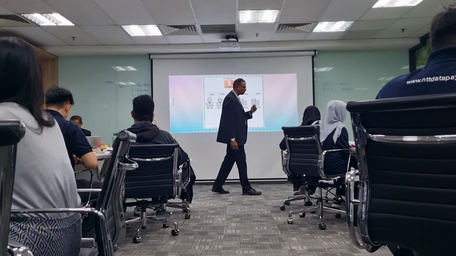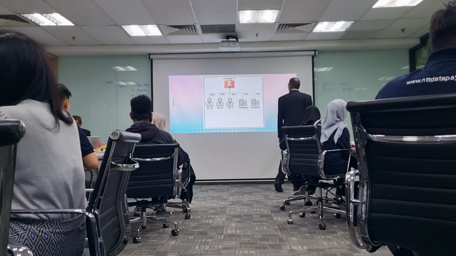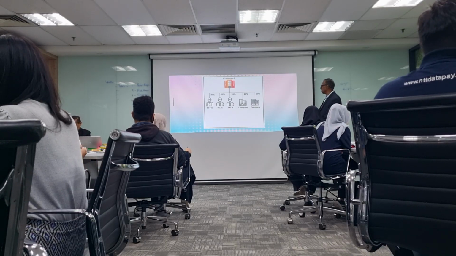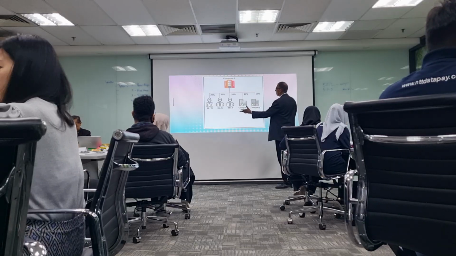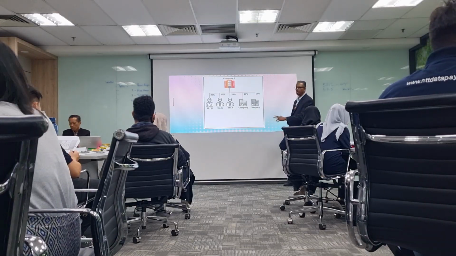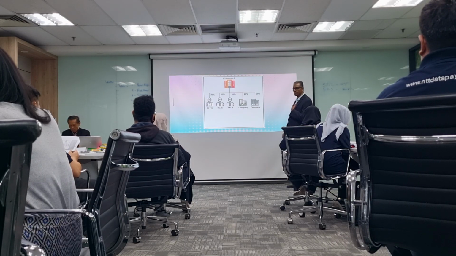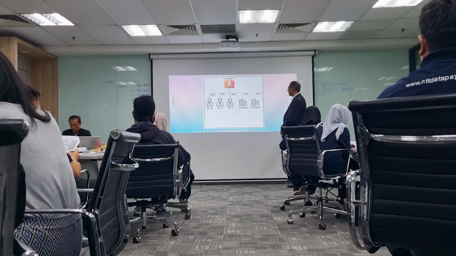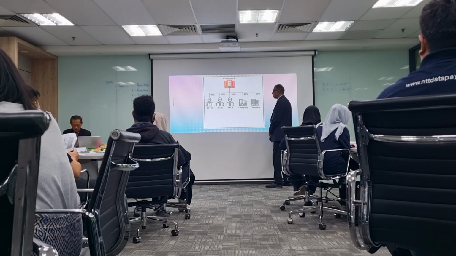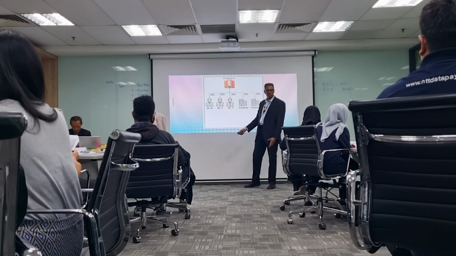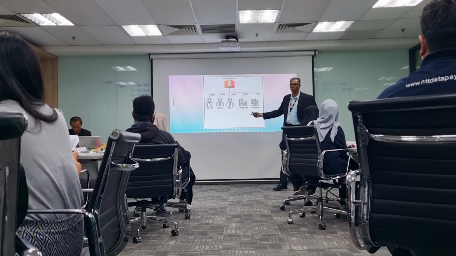Okay, let's look at another case. Company A, Mr. W, Mr. X, Mr. Y, each with 2%. Who is the beneficial owner here? You have to see who is inside the company. Straight away you know 25% is the threshold, and this is less than 25%.